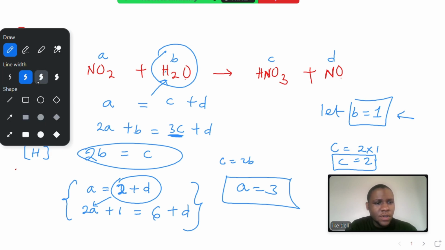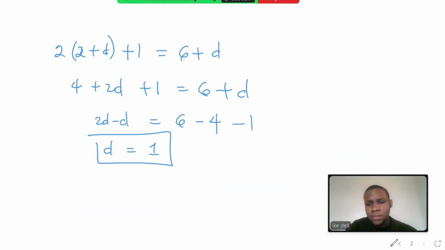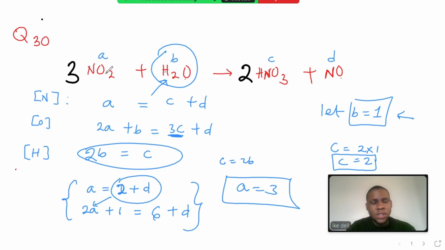So see that this stuff is not hard, right? I'll just place my 3 here. B is 1, C is 2, and D is 1. Yeah. So that's it. So if you can solve this math fast, you'll just slot it in here and you'll be done.